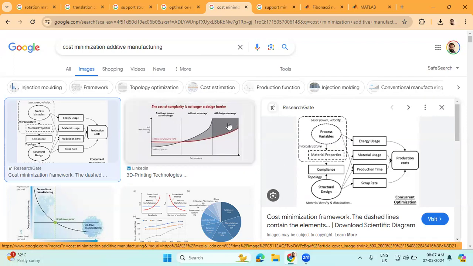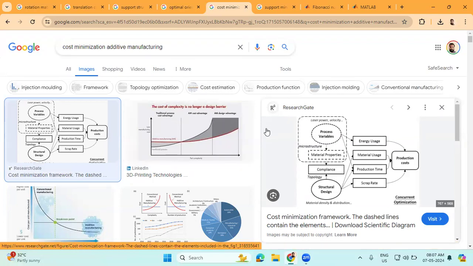When we are dealing with the additive manufacturing process, what is the total cost? So total cost means pre-processing cost, then the utilization of the machine, that is again another cost. Then we are using two types of materials, one is main material and the other is support material.